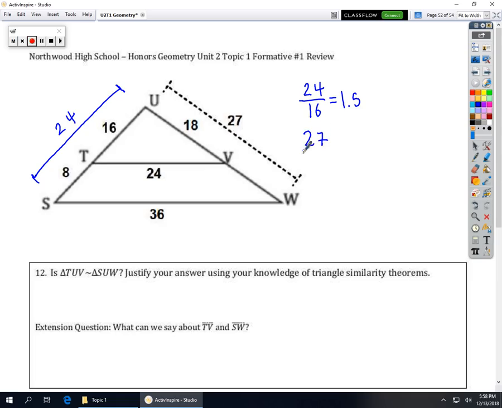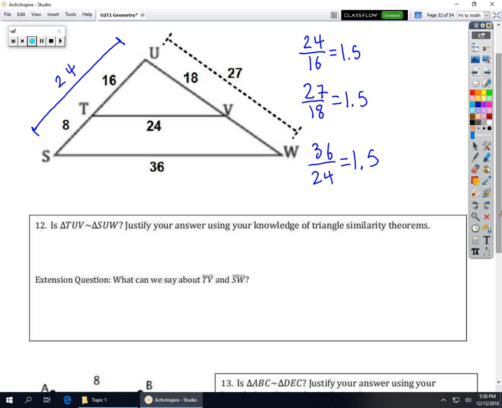27 over 18 is also 1.5. 36 over 24, and it's finally, again, 1.5. Great. All 3 sides got the same scale factor, 1.5. Therefore, they are similar by SSS. So, are they similar? Yes, they are.